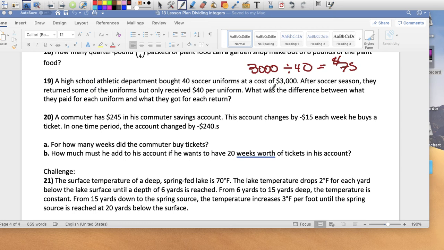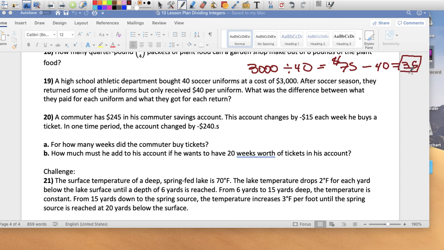Then, at the end of the season, they returned it and got $40 back. So 75 minus 40, right? Which means, if they got $40 back because they returned the uniform, each uniform actually cost $35. What was the difference paid?